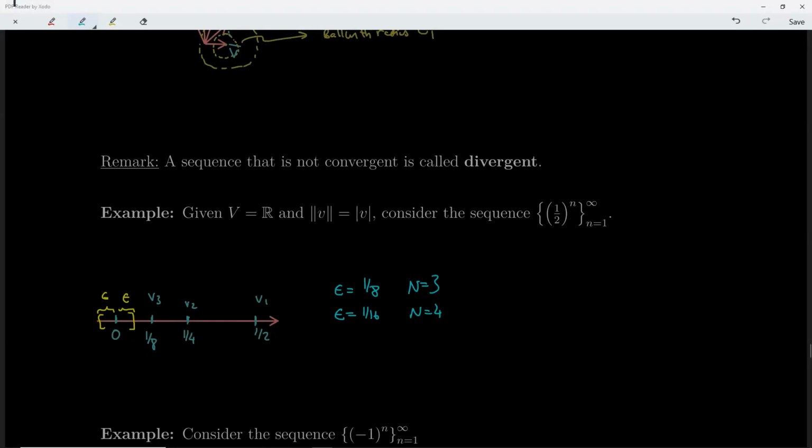So the norm of Vn minus V bar, we just said this was equal to 0. If we are showing that the sequence is convergent to 0, it simply equals the absolute value of 1 over 2 to the power n. And we want that to be less than or equal to epsilon, right?